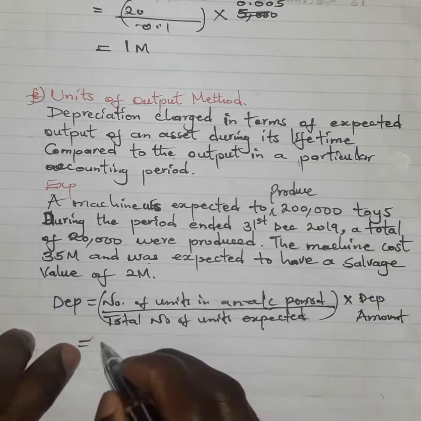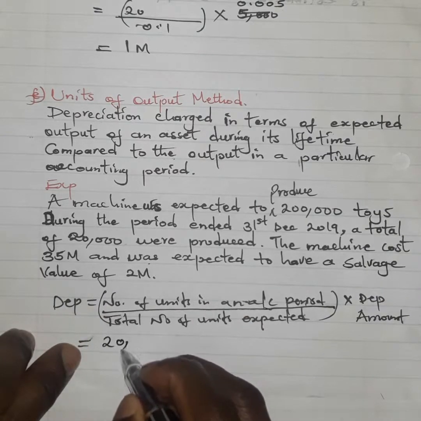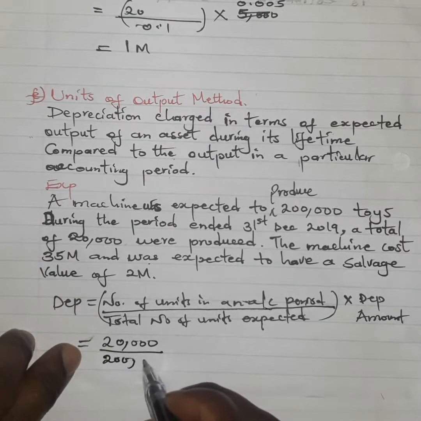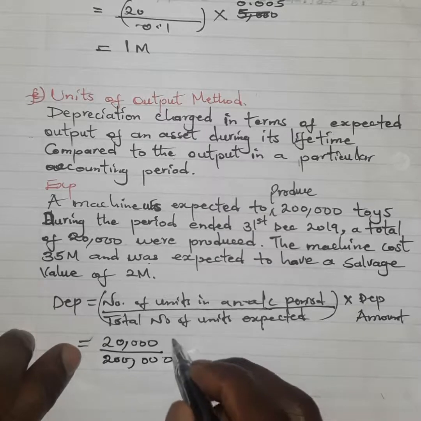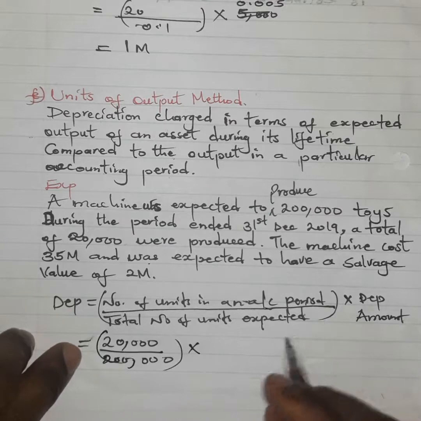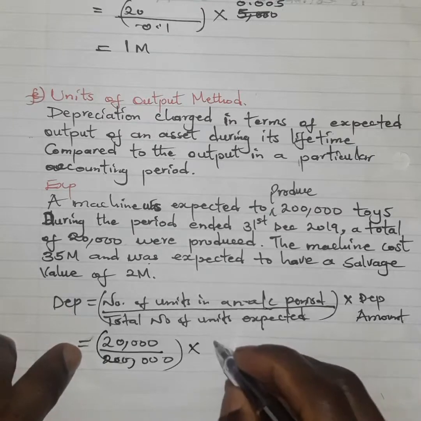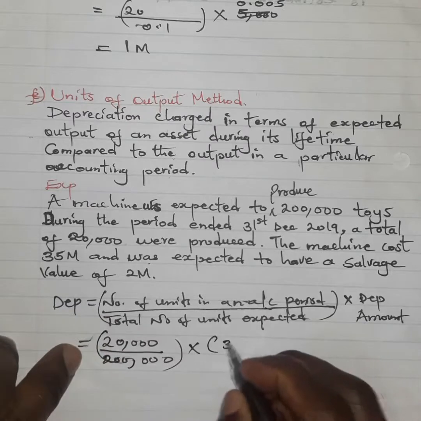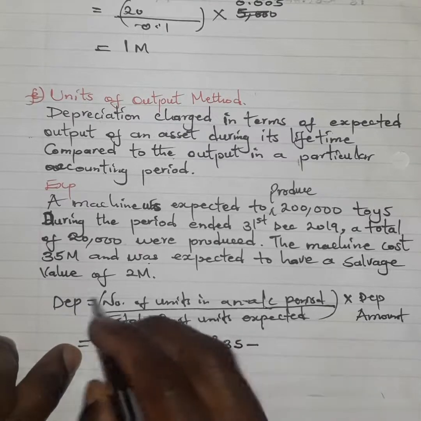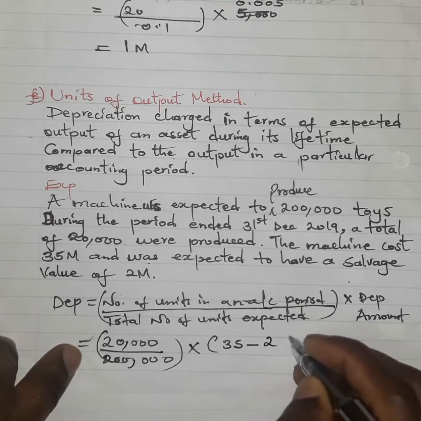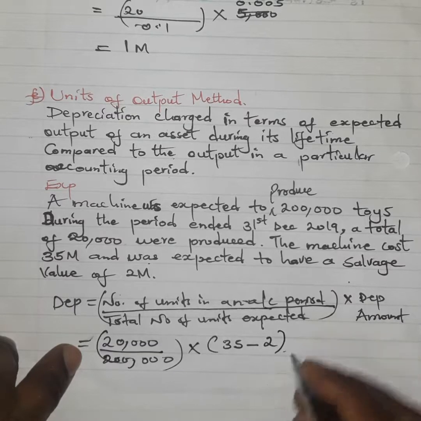You are supposed to divide that 20,000, which is the accounting period, by 200,000, what was expected, times the depreciable amount. In this case, the depreciable amount will be the cost, which is 35 million, minus the salvage value, what remains at the end, which is 2 million.